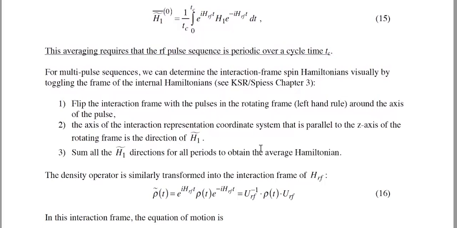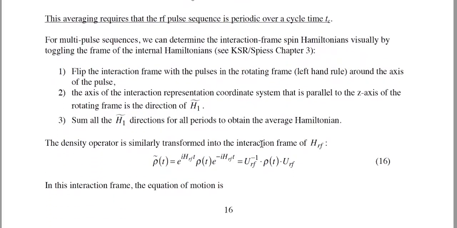So if you imagine 4 or 8 pulses, imagine these pulses are infinitely narrow, infinitely short delta pulses, then it's only the windows between pulses that you have to add up all the interactions, and that's what you do. This is kind of a recipe.